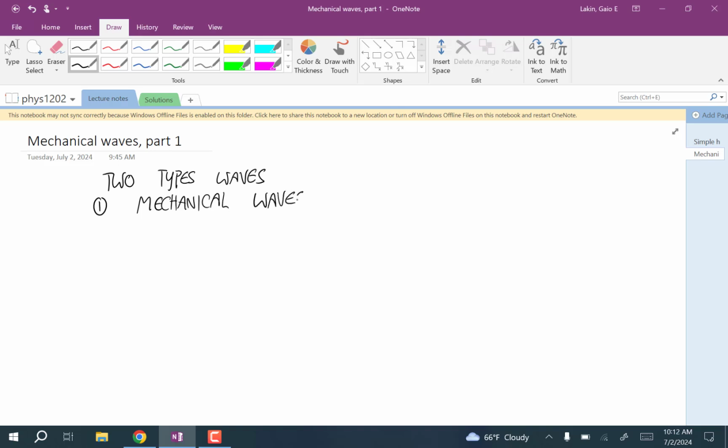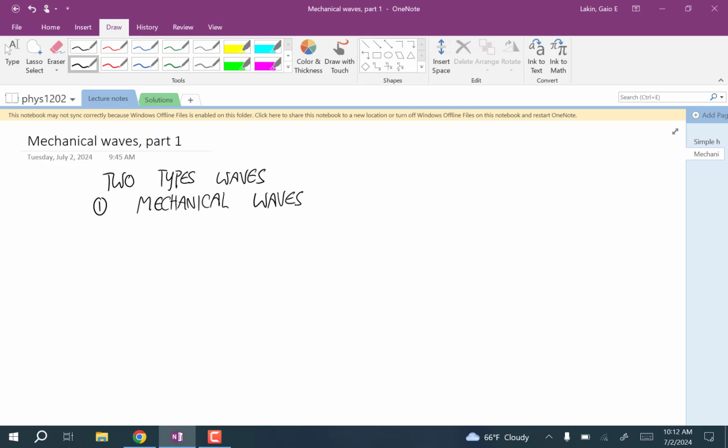These are like the waves that you can see in the world, water waves, waves along strings, springs, that kind of thing. And mechanical waves require some kind of material, some kind of medium to transfer along.